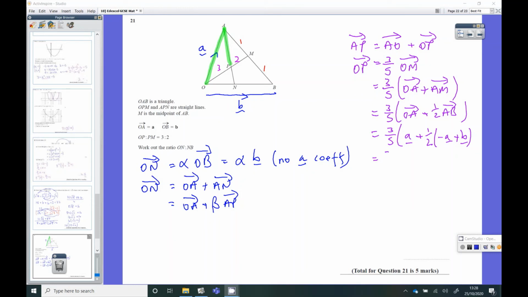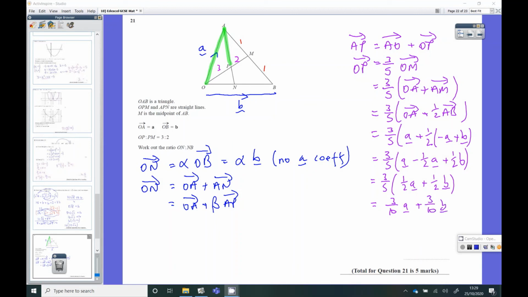So we've got 3/5 of A, and then half times minus A is minus a half A plus a half B. So gathering up our terms inside the bracket, A minus a half A is half A, and then we've got a half B, and then multiplying that out, we get O to P being 3/10 A plus 3/10 B.